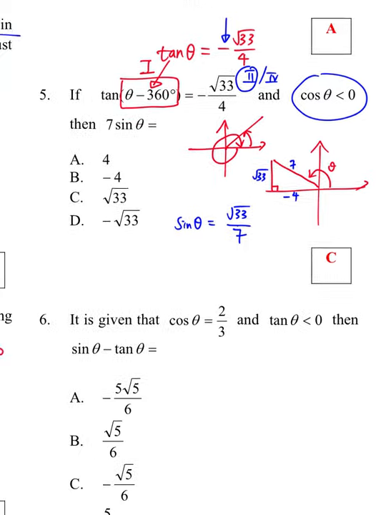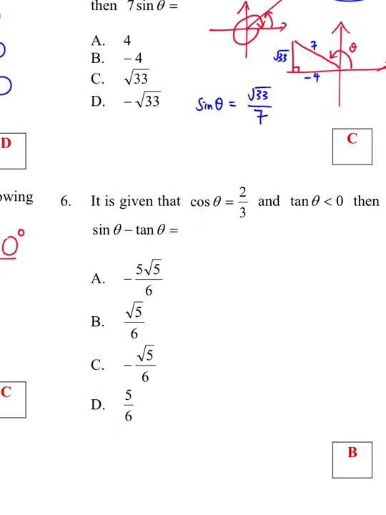Okay, so now we are in question 6. It is a very similar question, and we can easily conclude that theta has to be lying in quadrant 4. This is not difficult to claim this result, and this is 2, this is 3, and obviously the vertical coordinate will be negative square root 5.